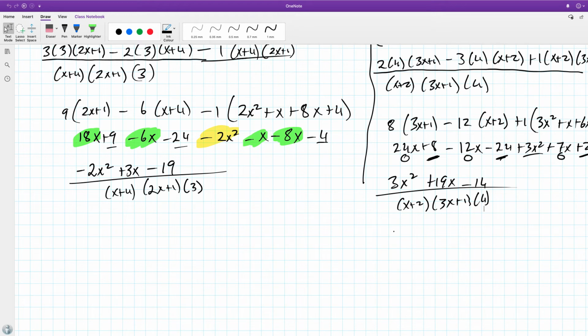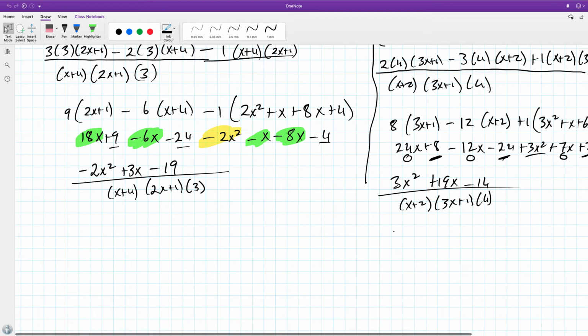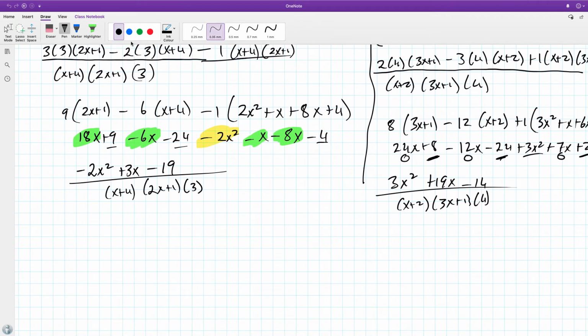We're all moving in the right direction. We're just getting slightly caught up at the end of it. Alright, let's have a quick look at it. These are tough. Simplify.